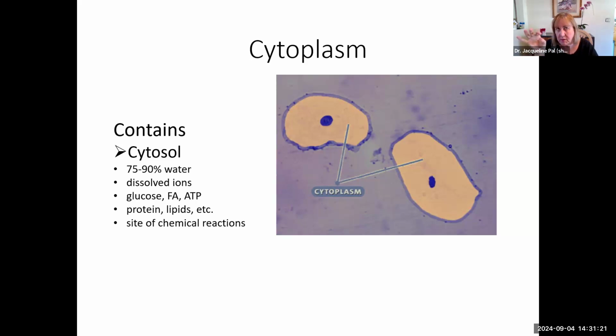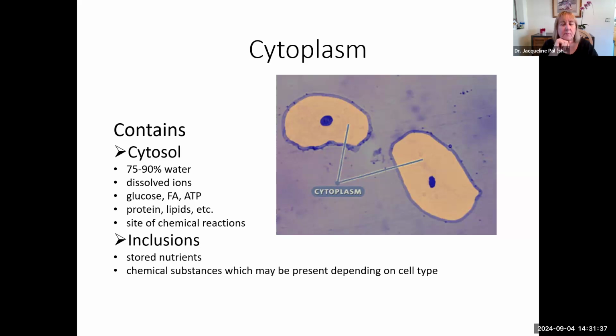We've got a little bit of protein, little lipids, but more of the monomers of it, for instance, glucose, fatty acids. We've got a little bit of ATP. This is where chemical reactions are going to happen in the cell. They're going to be mostly in the cytoplasm of the cell.